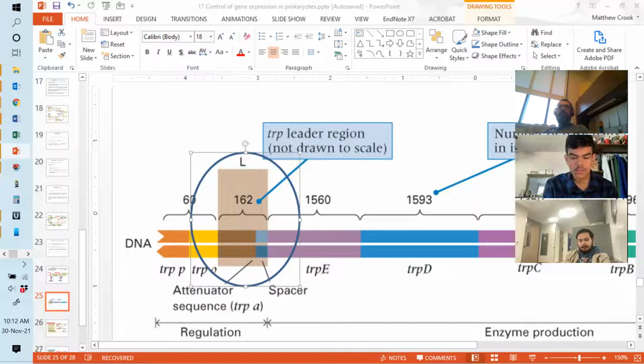It's part of the regulatory region of the trp operon. So it's got to be involved in regulation somehow, but how? It controls whether transcription continues. Exactly. That's a very good answer.